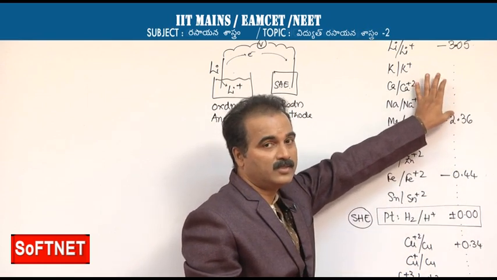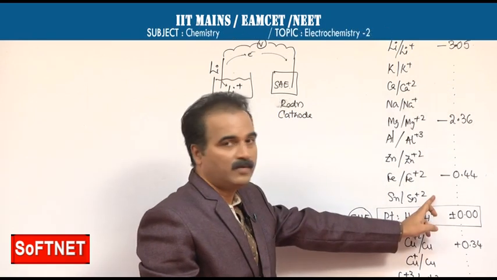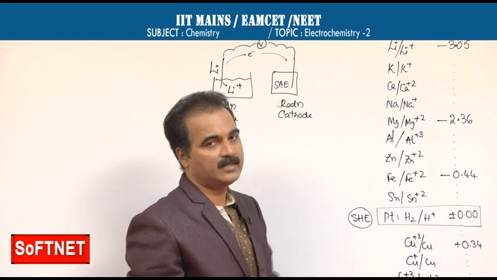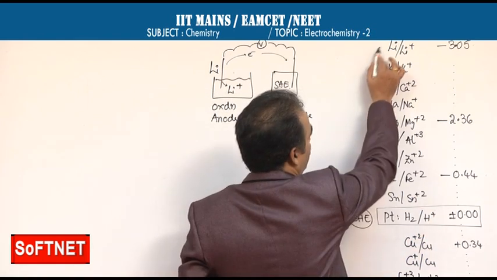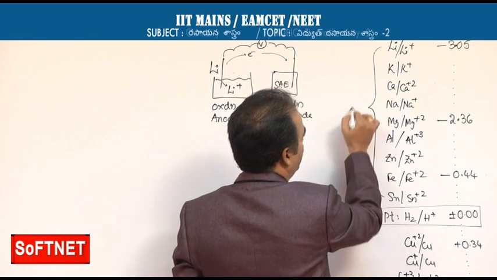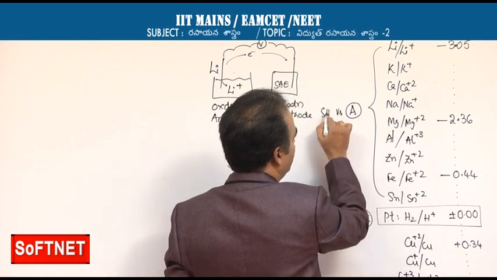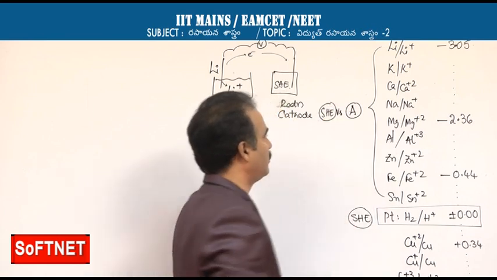Positive oxidation potential means all of them, when connected one by one with SHE, act as anodes. So all these electrodes act as anode versus the standard hydrogen electrode.